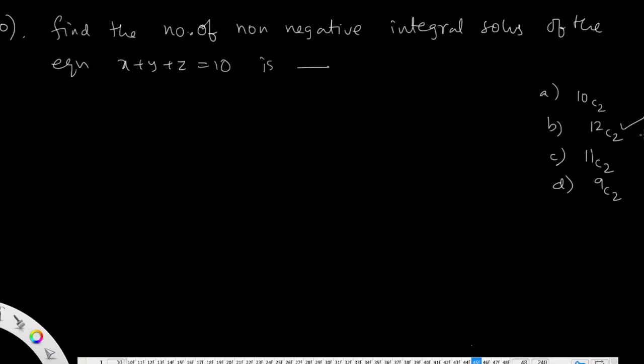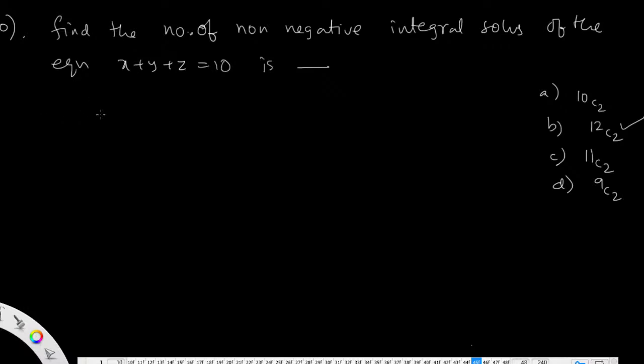Yes, correct. Non-negative means 0 is included, then you get the answer 12C2 only, okay.